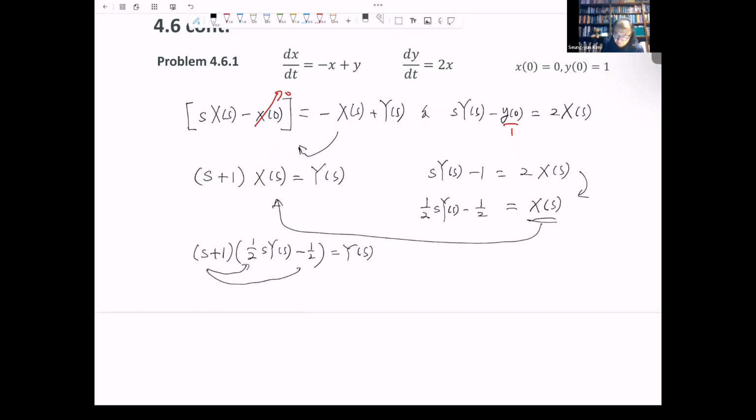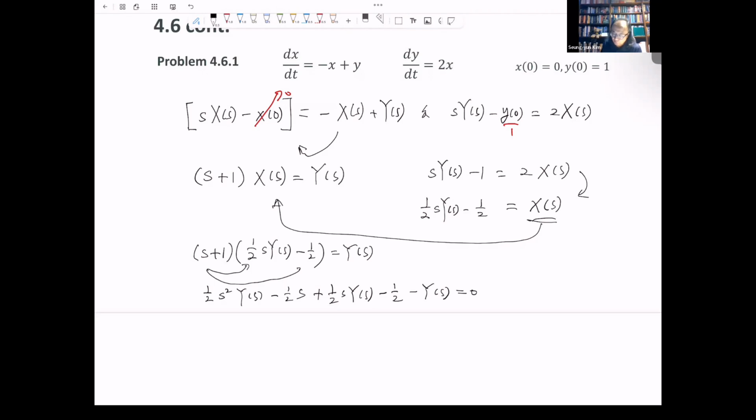We FOIL it. 1 over 2 s squared Y of s minus 1 over 2 s plus 1 over 2 s Y of s minus 1 over 2 minus Y of s equals 0.